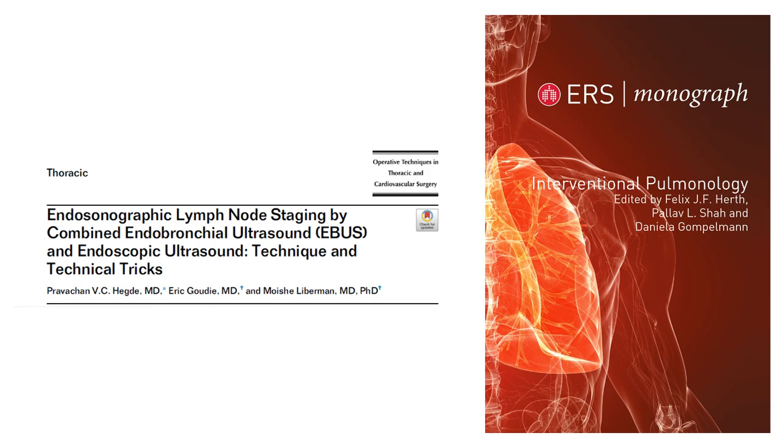So, we have a paper in Operative Techniques in Thoracic Surgery a couple years ago, where we talk about the techniques and technical tricks of combined EBUS and EUS. I think at the end of the talk, I displayed that. So that is one thing we could use as a resource for a beginner.